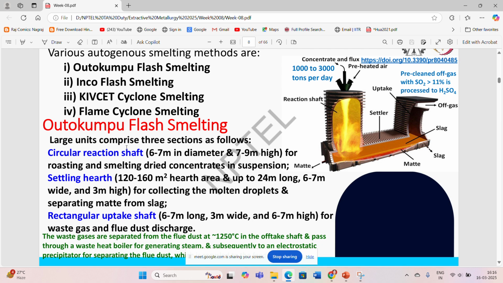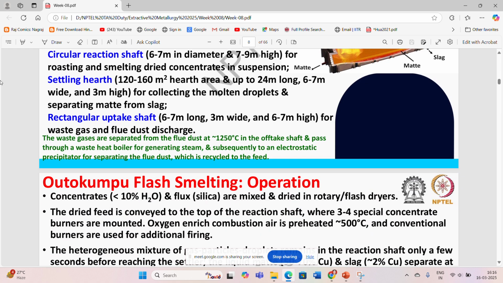Then after the matte production in the circular reaction shaft, we go for the conversion process. Then there is a rectangular uptake shaft for waste gas and flue dust discharge. The waste gases are separated from the flue dust at around 1250 degrees Celsius in the offtake shaft and pass through a waste heat boiler for generating steam, and subsequently to an electrostatic precipitator for separating the flue dust, which is recycled to the feed.